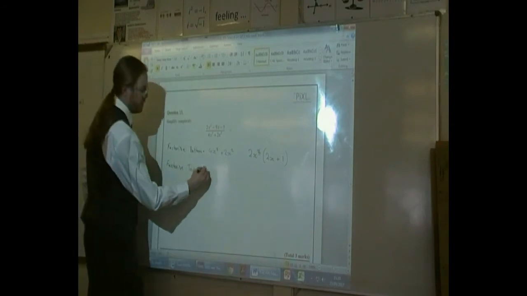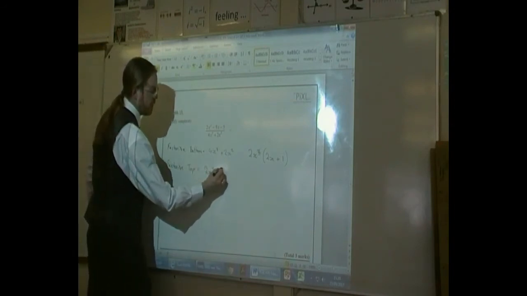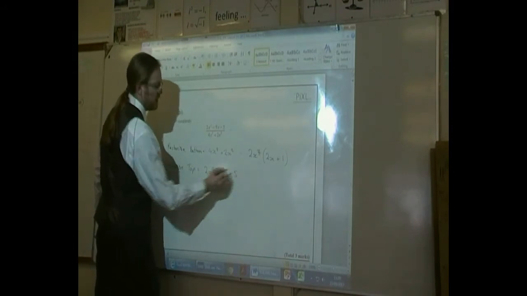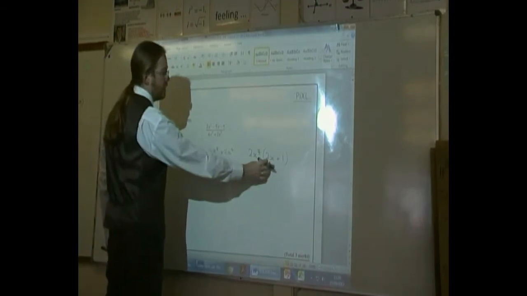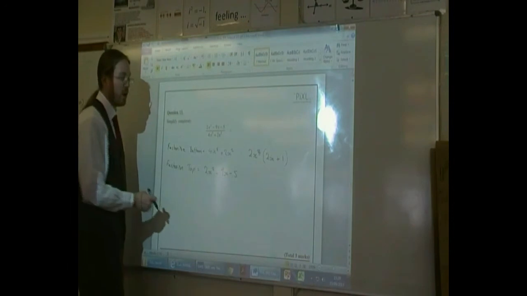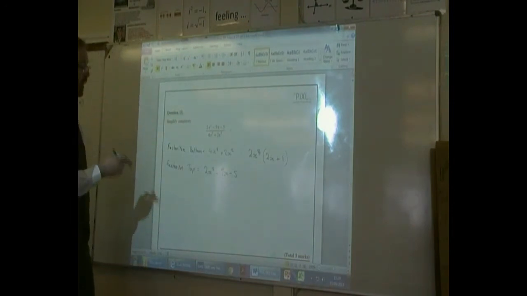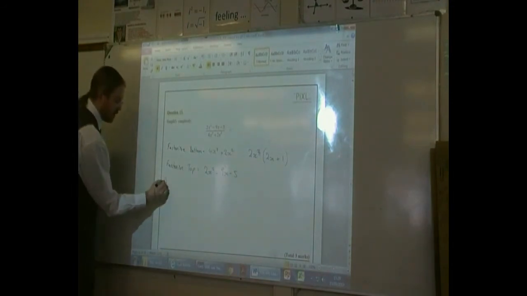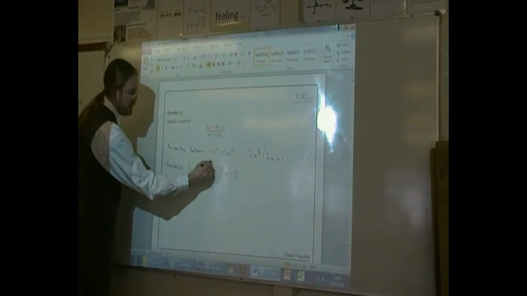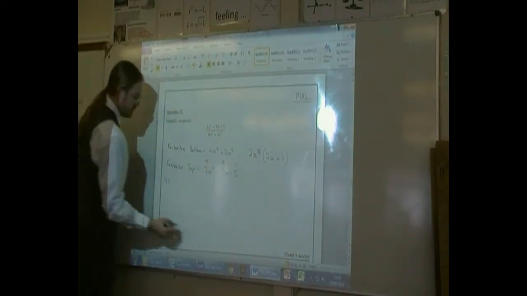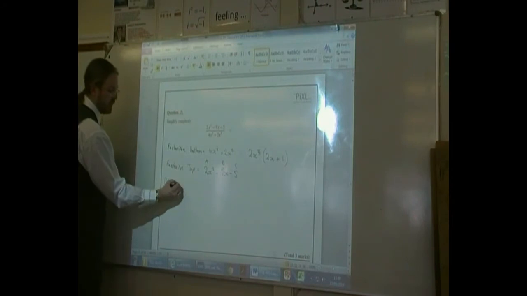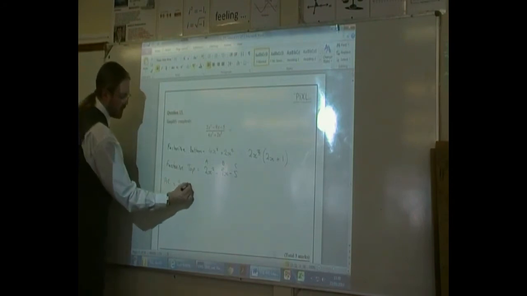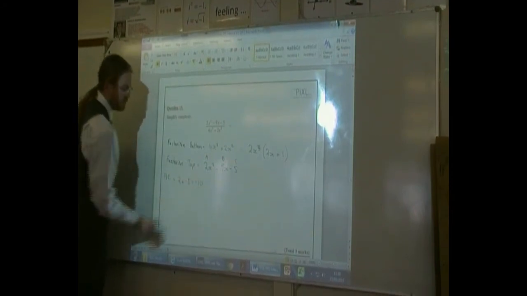So I've got 2x squared minus 9x minus 5. Some of you are thinking, oh, I can use that to work out what my factors are, which is brilliant. If you're not sure, use the AC method, which you should be reasonably confident with. Remember that this is A, that's B, that's C. So AC is going to be 2 times minus 5, which is minus 10.